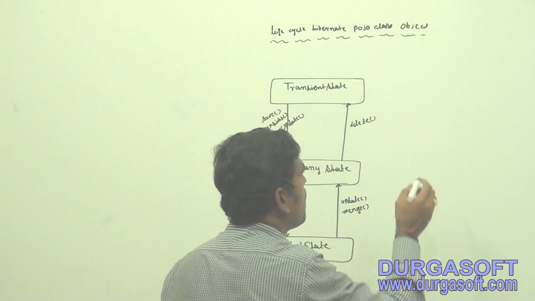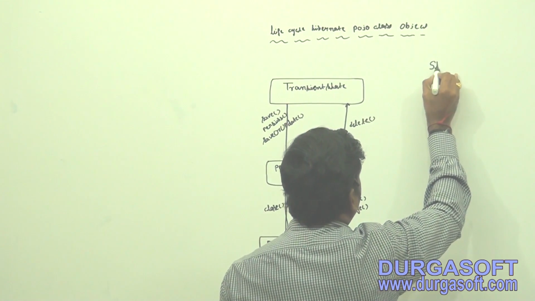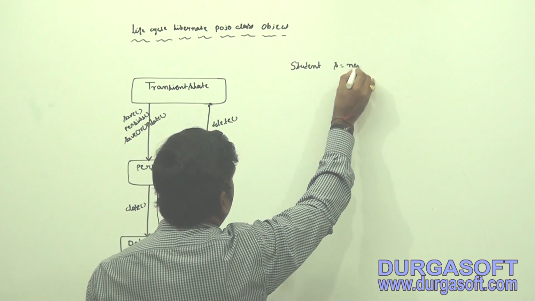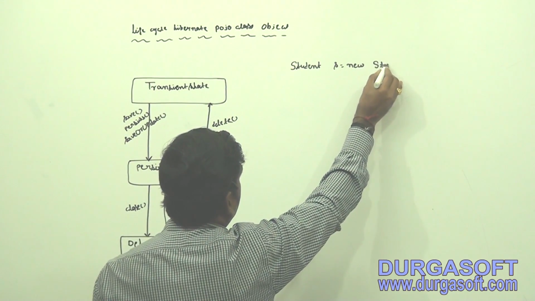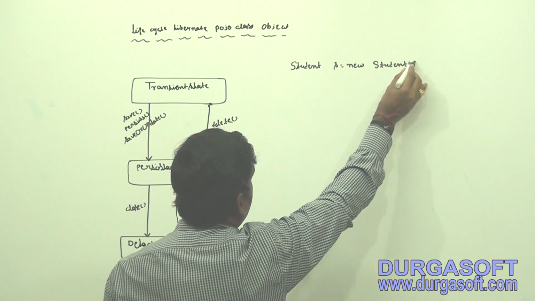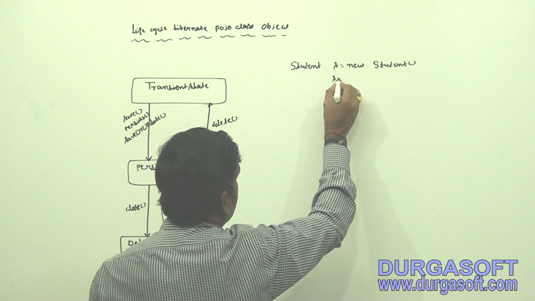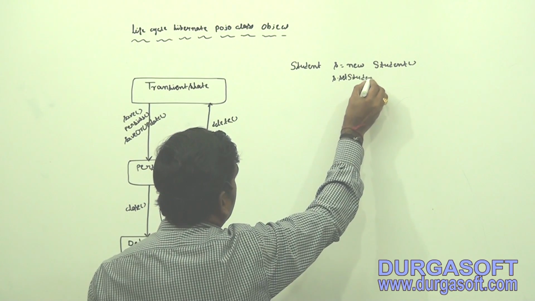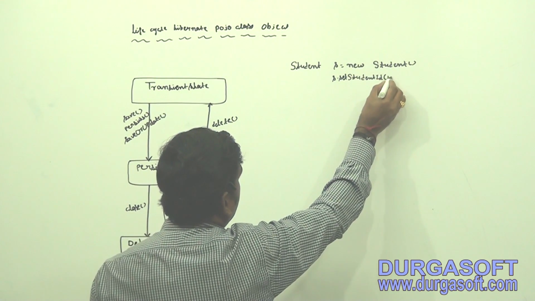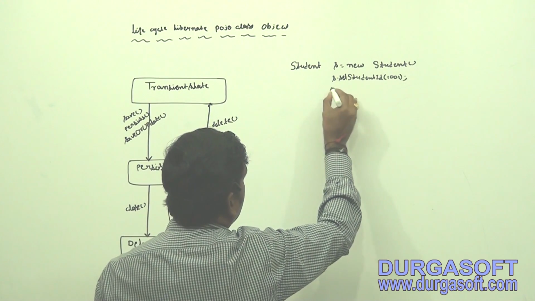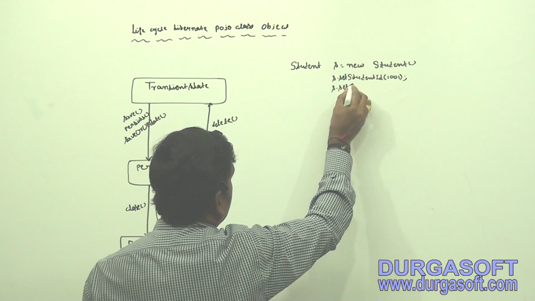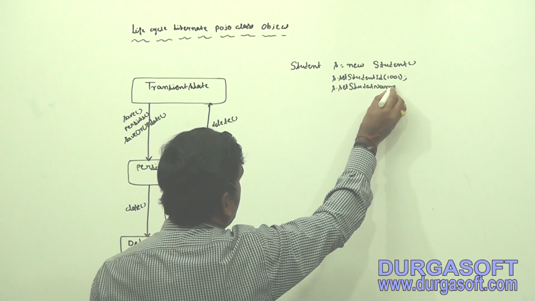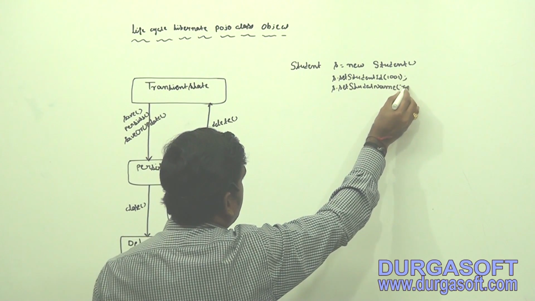See, for example, Student s is equal to new Student. Now s dot setStudentID 1001. s dot setStudentName Raj.